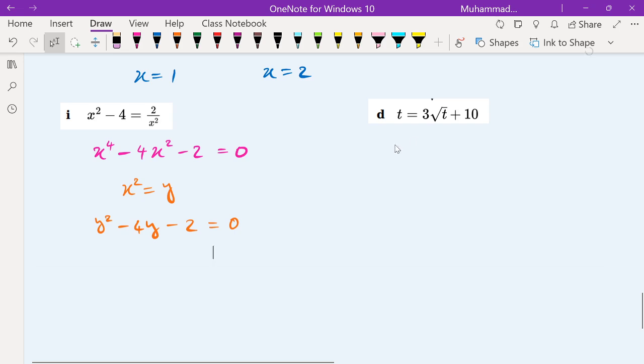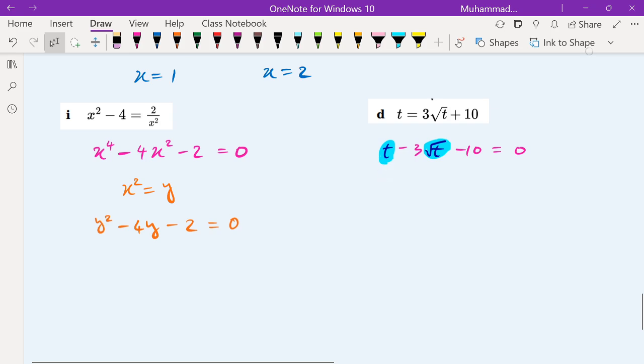Now look at this one. You should just move these terms to this side: t minus 3 root t minus 10 equals 0. Can you see that root t and t, one is the square of the other?